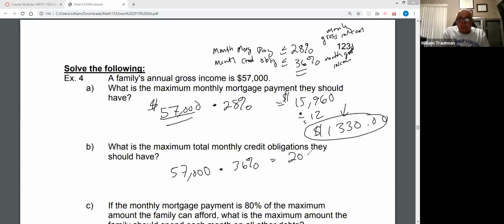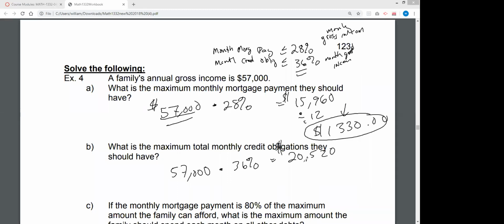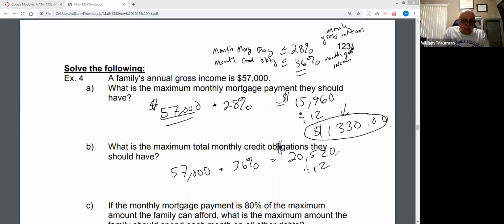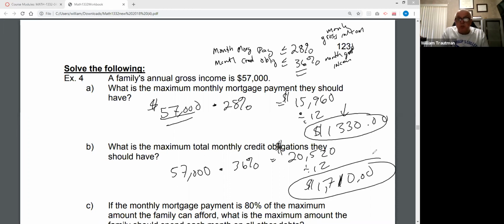And don't forget to divide that by 12, which gives you $1,710. So that's your monthly credit obligation that you can have.